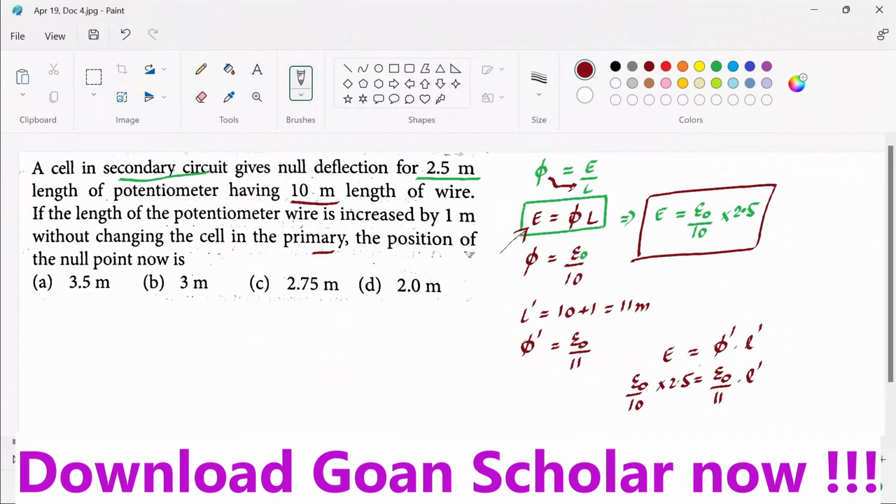Let's cancel this with this and cross multiply. So 2.5 into 11 upon 10. Let's remove the decimal, it will give you 100, 25 by... L prime equals 11 by 4. 11 by 4 means 4 twos are 8, and you are left with 3, 7, 5. So option C. The correct answer is option C.